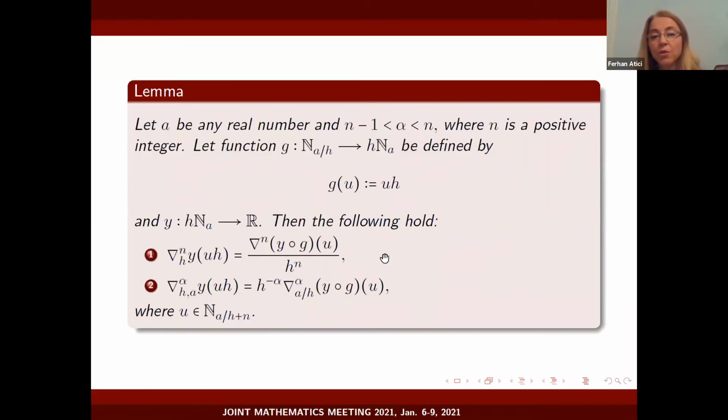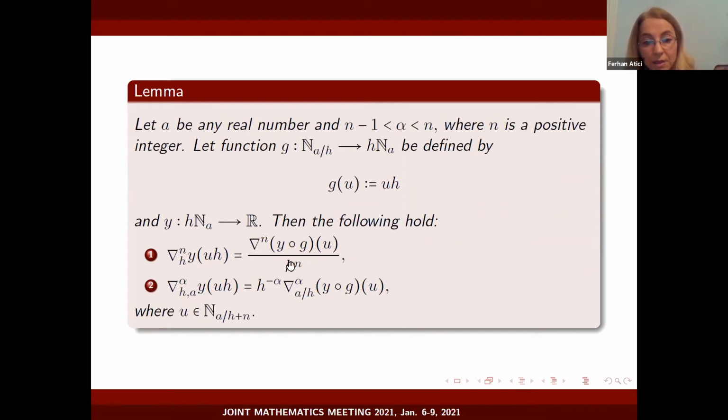Now, I also like to mention this lemma. This lemma tells us the relation between the h difference operator and the discrete nabla operator. So if you take h as 1, you know that you will be getting the nabla operator of discrete calculus.